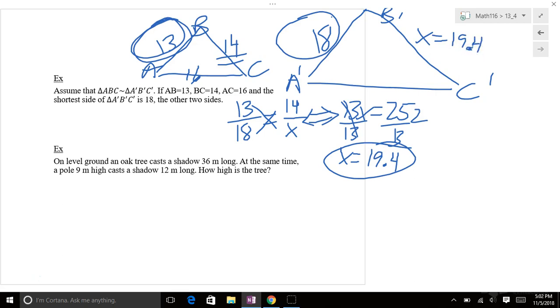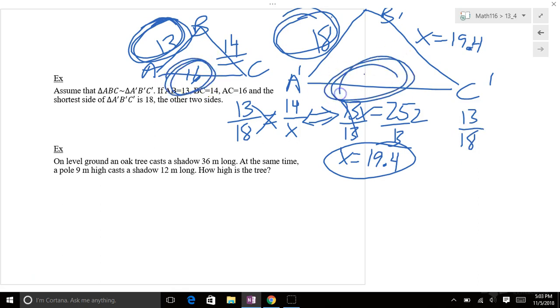Okay, now let's do the same thing. So let's go 13 is to 18. That's the ratio. 13 is to 18 as 16 is to, let's call this Y right there. This 16 is to Y, and again, we cross multiply. So 13Y, 16 times 18 gives us 288.